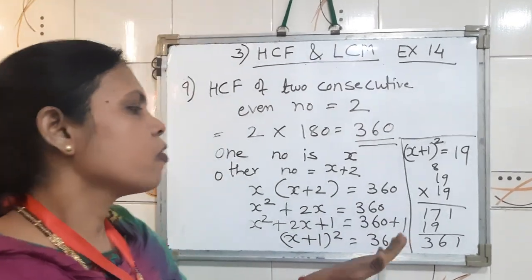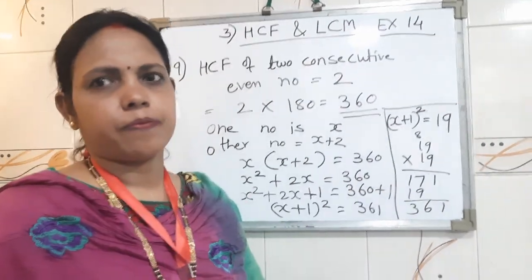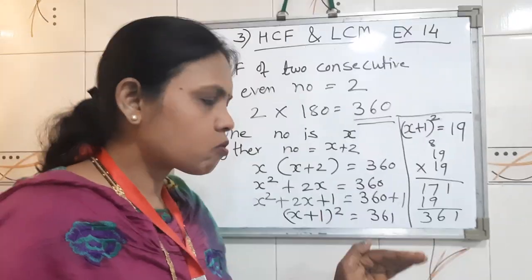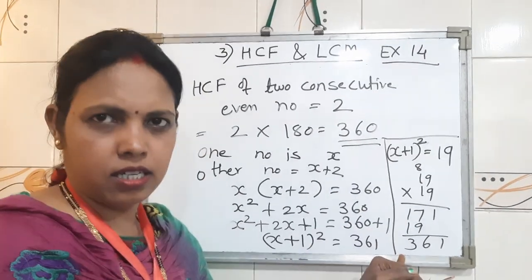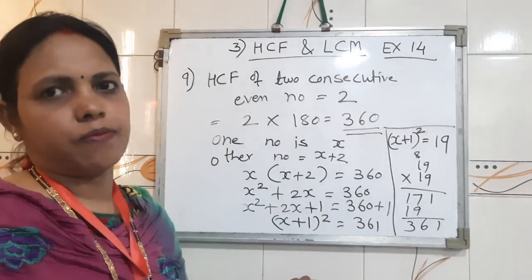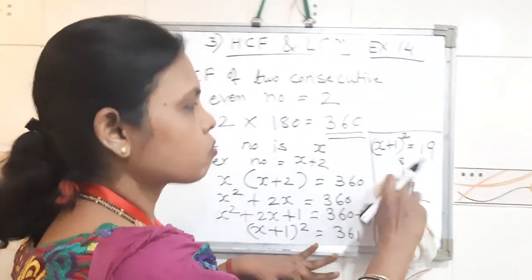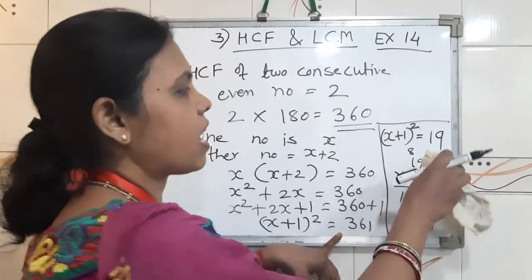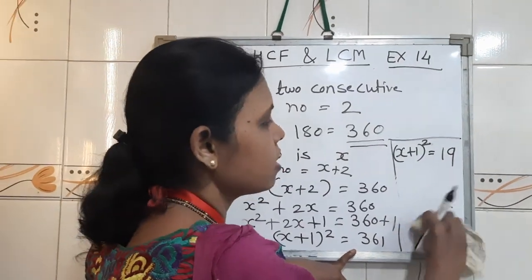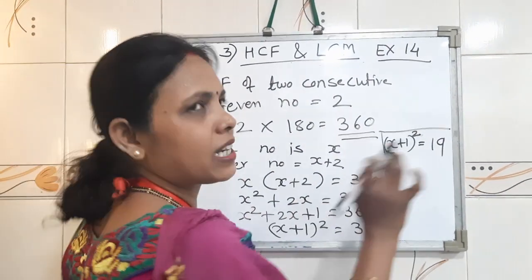Like this way, we are learning numbers and their squares. This is the starting position where you are learning, and you got this first sum. That's why don't be confused, and 361 is the perfect square of 19.